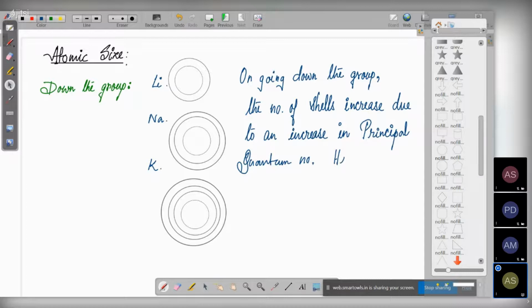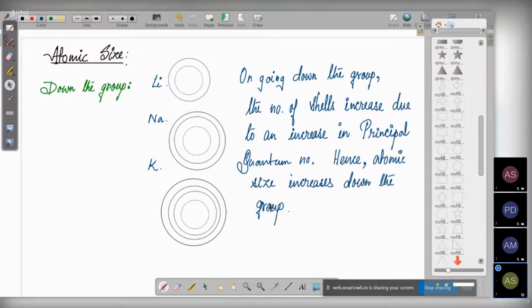Hence, atomic size increases down the group.